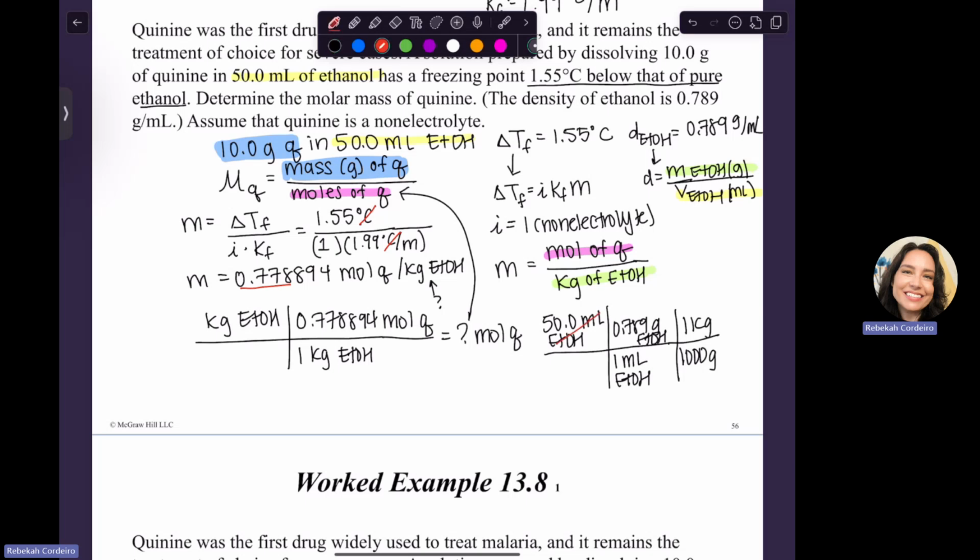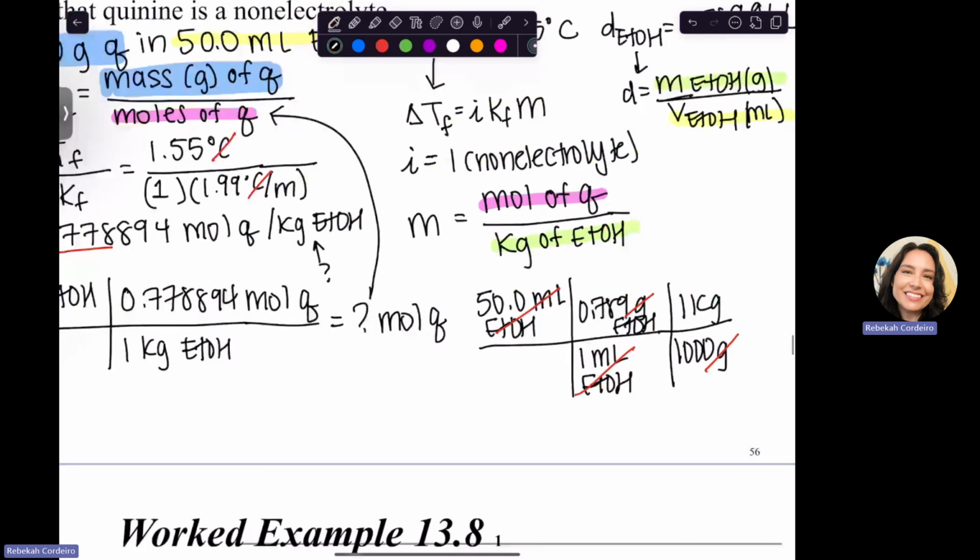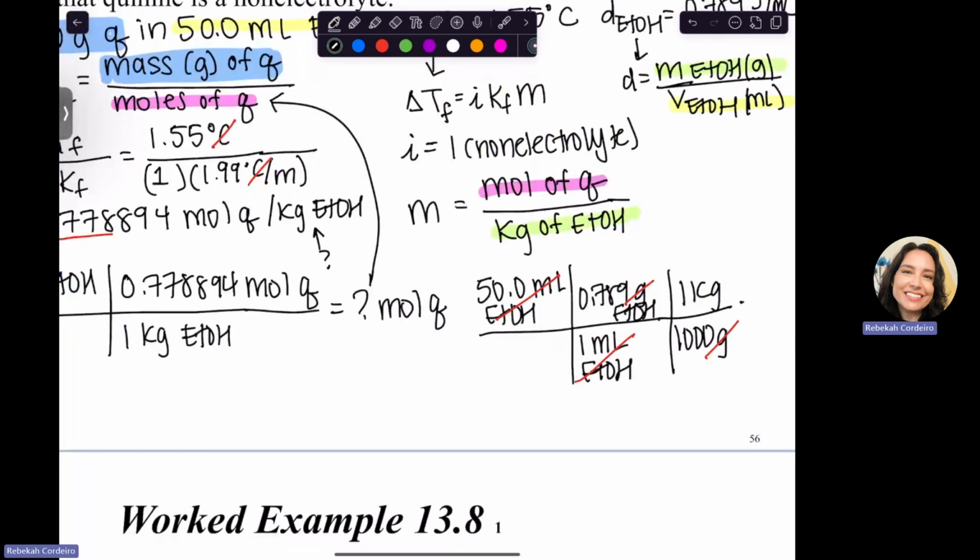So we cancel out our milliliters, cancel out our grams, and we have kilograms. This will give me 50 times 0.789 divided by 1,000, which gives me 0.03945 kilograms of ethanol.